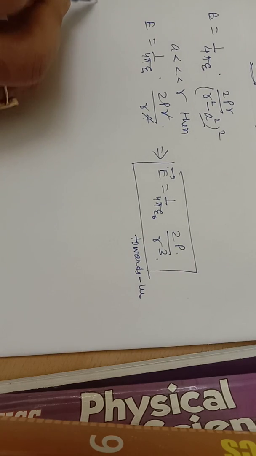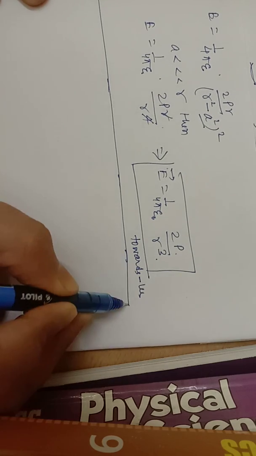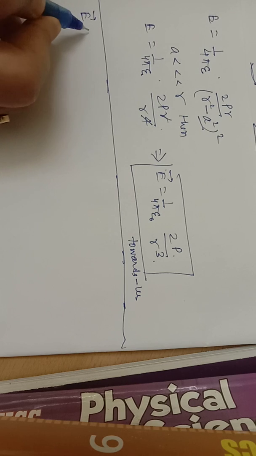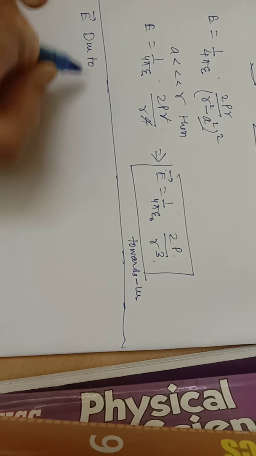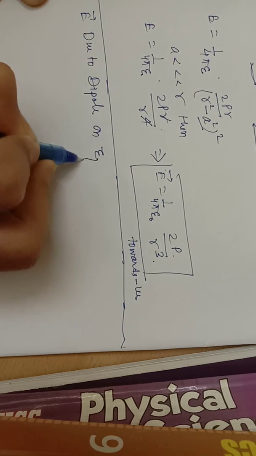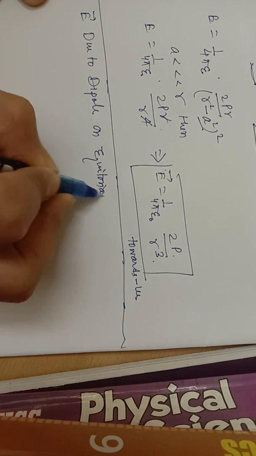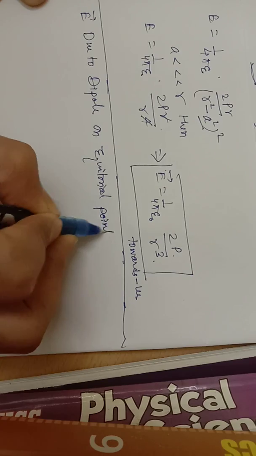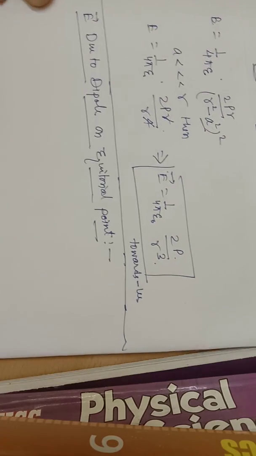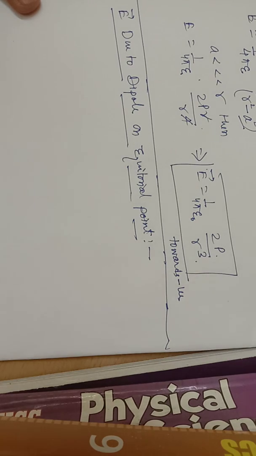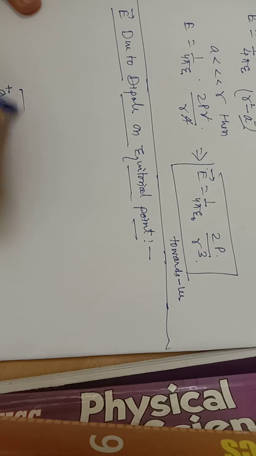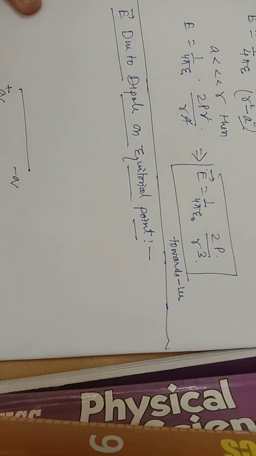Now equatorial. If you are able to understand axial, then equatorial is quite easy. E due to a dipole on an equatorial point. In the equatorial case, a plus Q charge is here and the other minus Q charge is here.